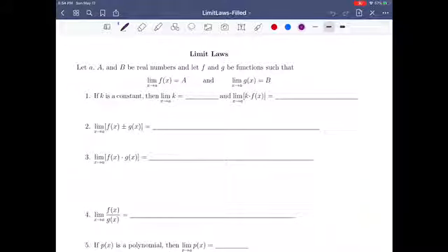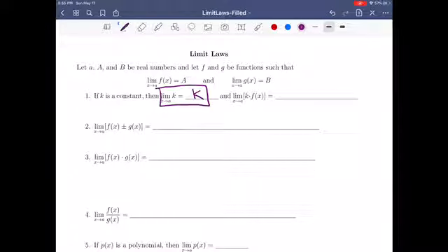So the first one, if we have a constant k, so k is just a number, and we want to take the limit as x goes to a of k. So we did one similar to this in a previous video. So here, this limit is just k. So this is a constant.